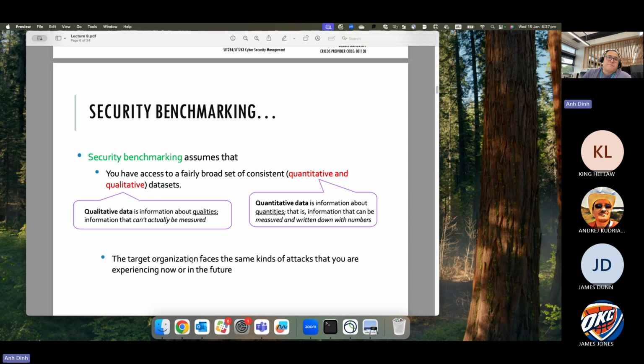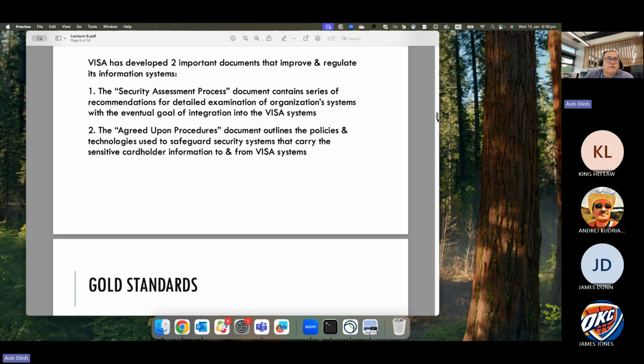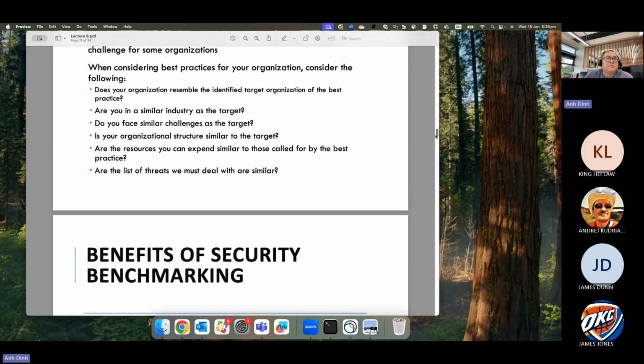And when you do security benchmarking, you have to be careful that the target is of similar profile to the organization. You don't want to compare oranges against apples, right? You want to compare against similar companies. That is the first concept, benchmarking.